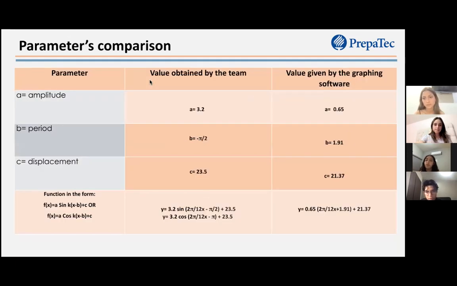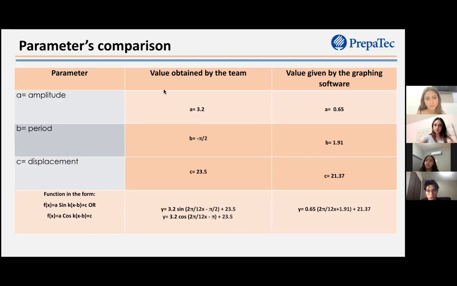Now for the parameter comparisons, we got the value obtained by the team and the value that the graphic software gave us. For the amplitude, the team obtained 3.2, and the graphic software, 0.65. For the period, we got minus pi divided by 2, and the software got 1.91.